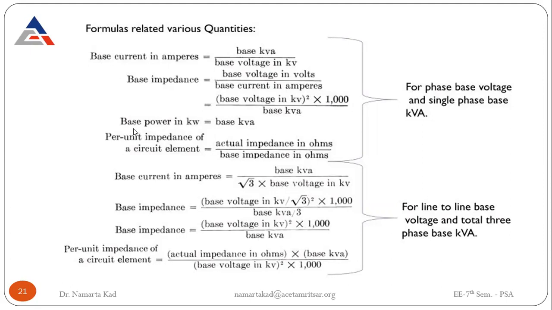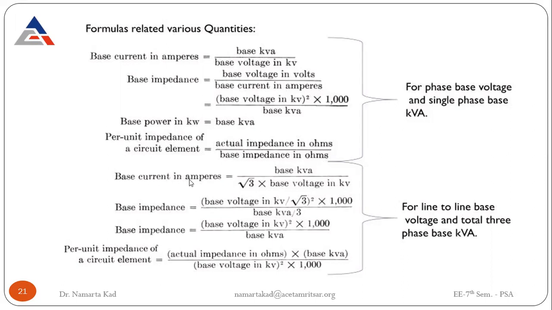Now, next is the base power in kilowatts. So base power in kilowatts is equal to the base kVA. Next, the per unit impedance of a circuit element. The per unit impedance is the main definition, that is actual impedance divided by the base impedance in ohms, in the same units.